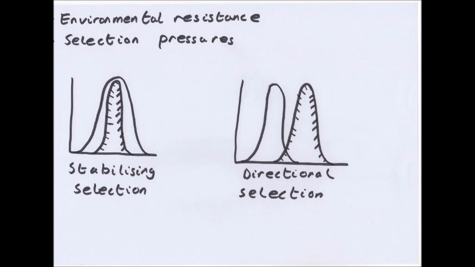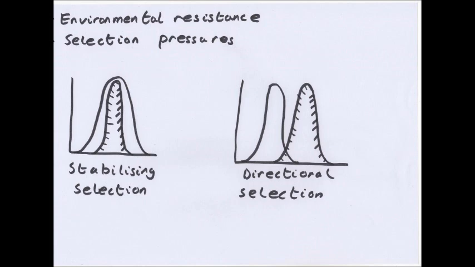Too big wings and they'll become heavy and won't be able to do the same sort of acrobatics, and they will also die. So the ones with the best mean wing length will survive. The ones with extremes will die. So you get the range of the population decreasing and becoming much closer to the mean. As you see here, the original is the one without the dashes on it. It starts off with a reasonable width, and then after stabilizing selection, a much smaller width.